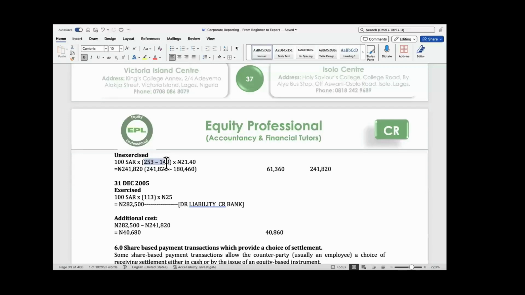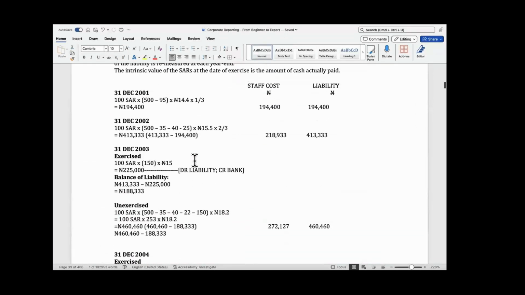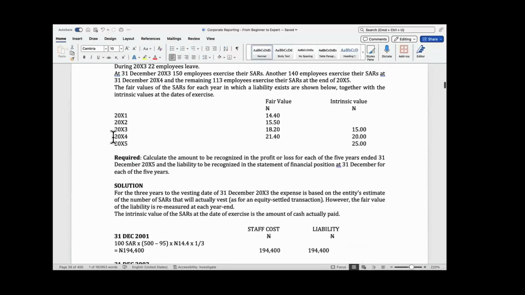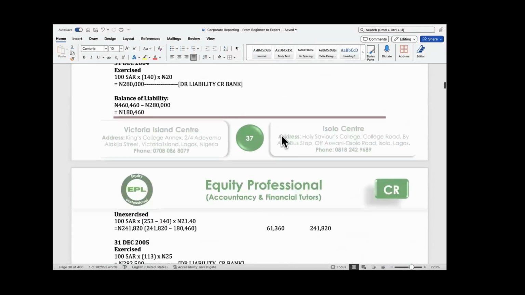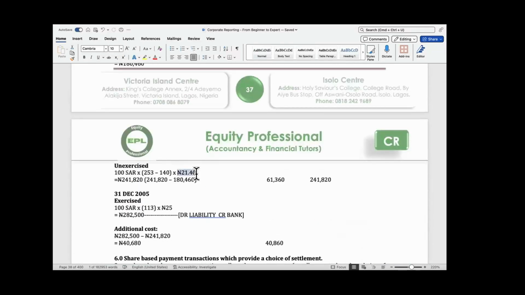If you put your calculator, that's 113. Multiply that by 100, multiply that by the fair value at the year end, which is at the end of year 4, or at the end of 2024, I mean. If you go to the question, for 2024, the fair value is 21.40. And that was where I got this 21.40 from.